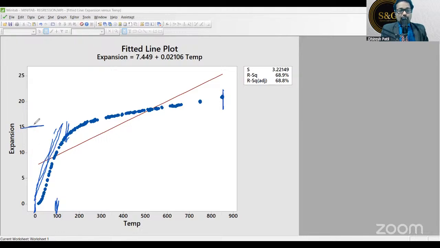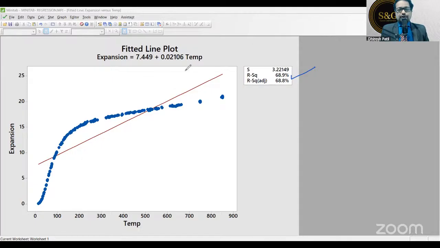See, up to 100 degrees it expanded to 15, but after that it has not even crossed 20, even if X has gone up to 800 degrees centigrade. Can you see? So it shows different behaviors at different temperatures. Initially, 0 to 100 degrees, a lot of expansion, but after that it is a bit of a plateau, right? Yes or no? So in the linear correlation, what is the line of best fit? Then the R square value. It is showing a strong correlation here. Again, all of this is called a regression equation.